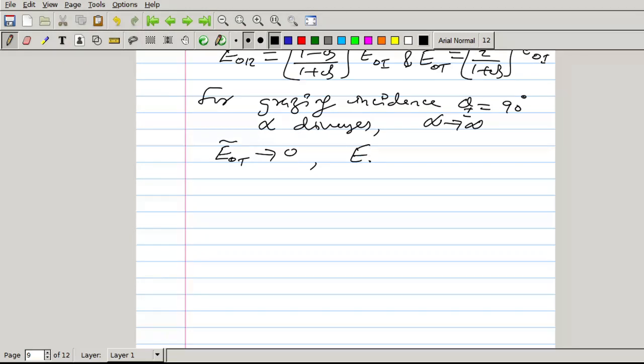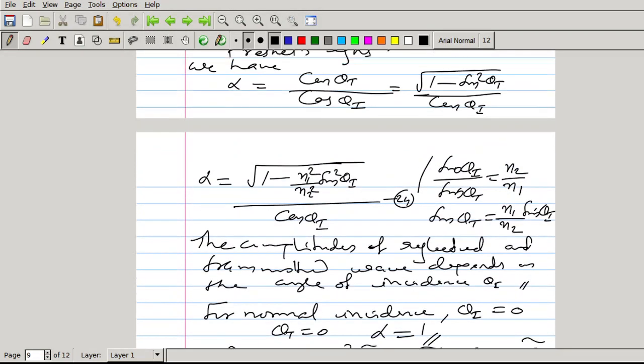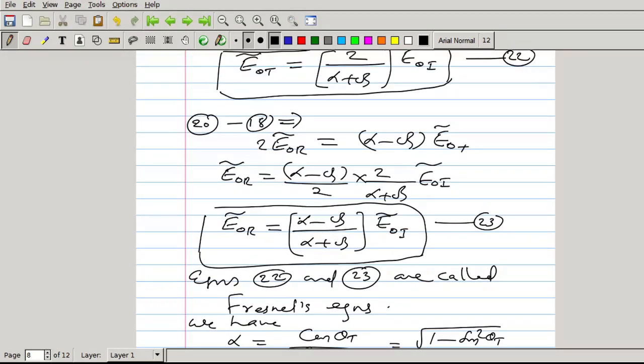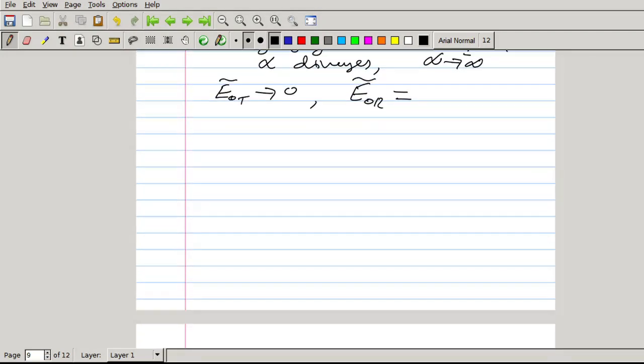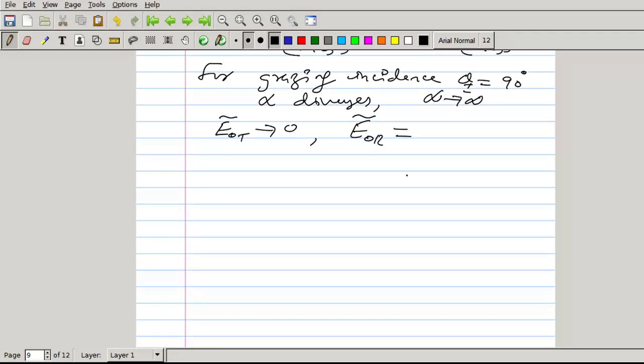And what about E0 reflected? Alpha infinity means alpha minus beta is alpha, alpha plus beta is alpha. So alpha by alpha will get cancelled. Then E0R equal to E0I.